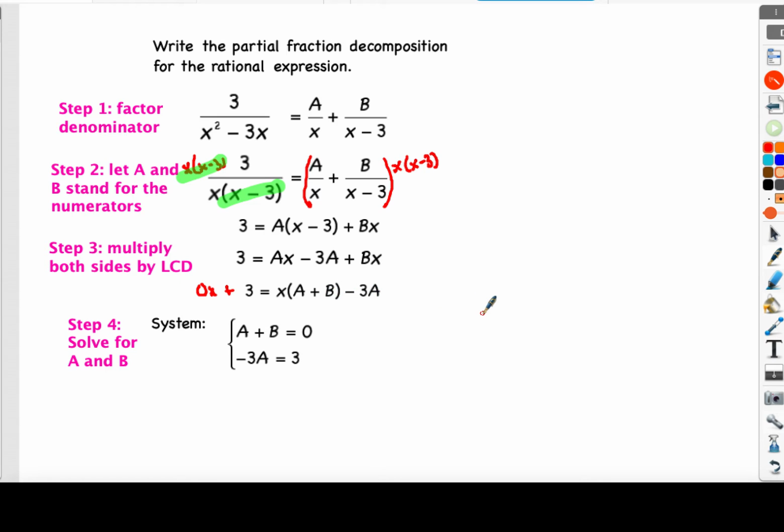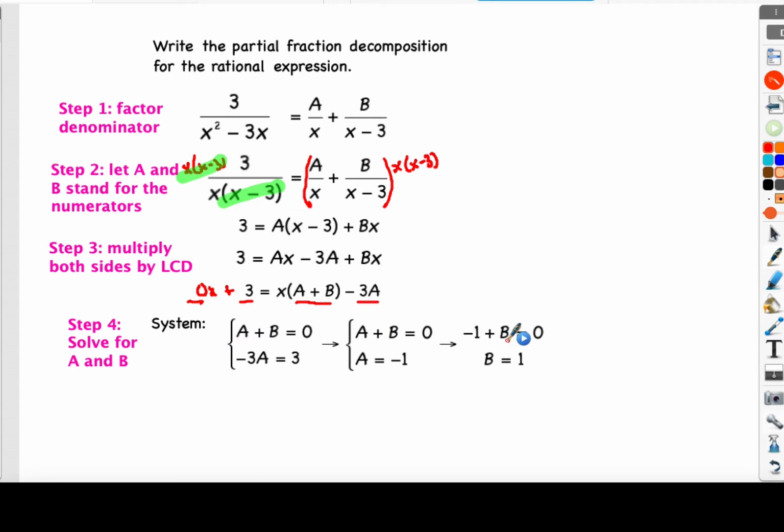So what I can do is make a new system. I'm just going to line up my coefficient of x with x and my constant with my constant. a plus b equals 0, and negative 3a equals negative 3, which very quickly means that a equals negative 3 if I divide both sides by negative 3. Sorry, a equals negative 1. And if a equals negative 1, if I add that over to the other side, negative 1 plus b equals 0, that means that b must have equaled 1.